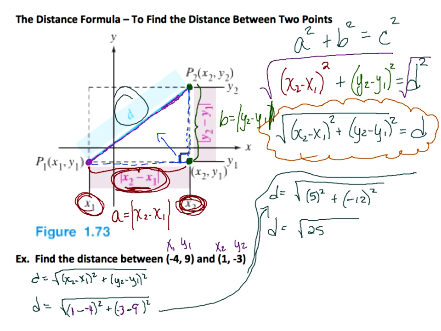Distance equals 25 plus 144, which is 169, and when you take the square root of 169, you get 13. So the distance between those 2 points is 13 units, or whatever you're measuring in.